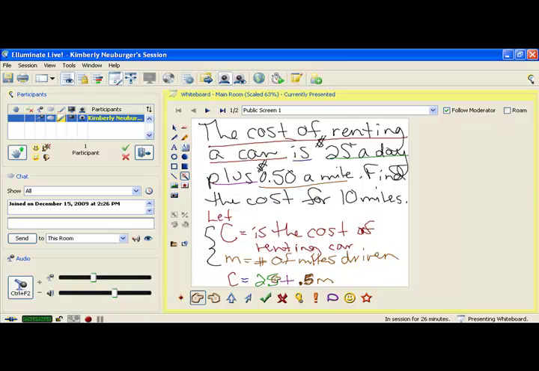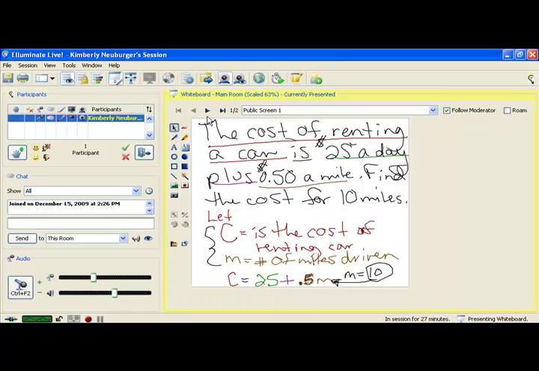"Plus" is the addition symbol. And 50 cents a mile, we define the number of miles as being M, so that's 0.5 times M. Now in the second sentence, it says find the cost for 10 miles. So what we're going to do then is we're going to let M be 10 and plug this in right here in order to find our actual cost.